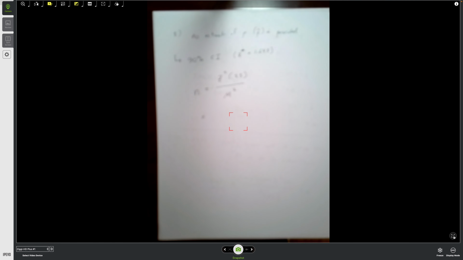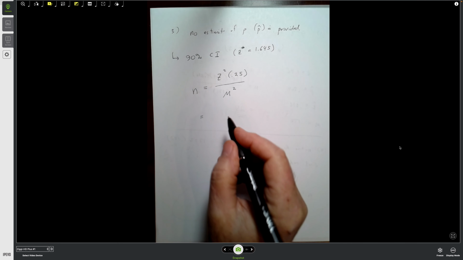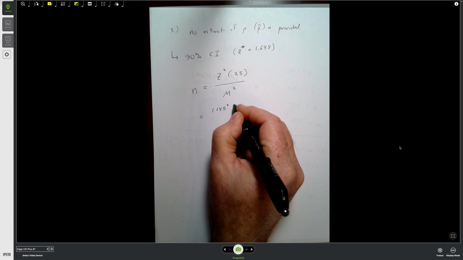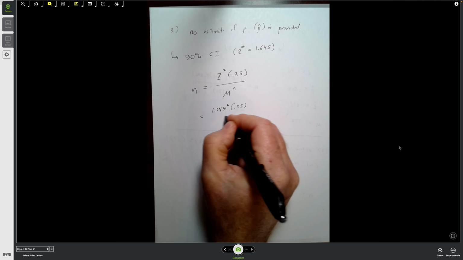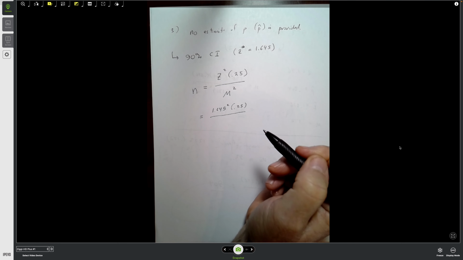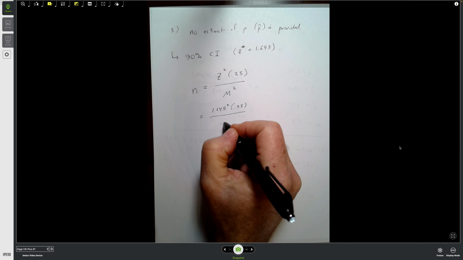I'm really annoyed by this screen jumping around everywhere. So in this case, our z would be, of course, 1.645 squared times 0.25 over our desired margin of error. That's just going to change from problem to problem.